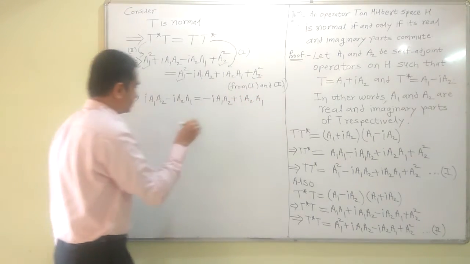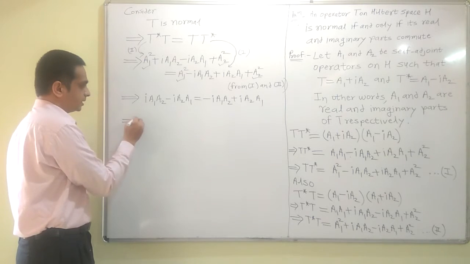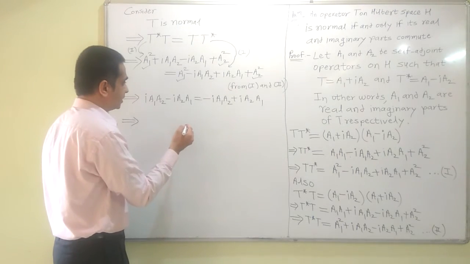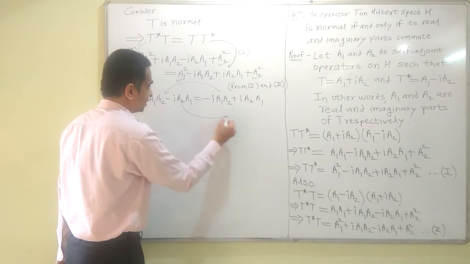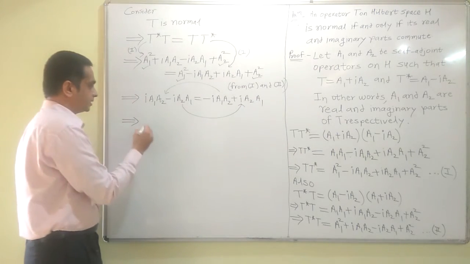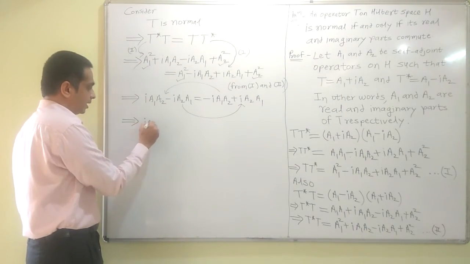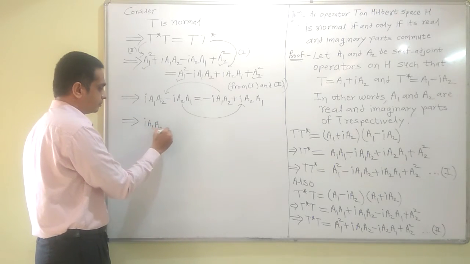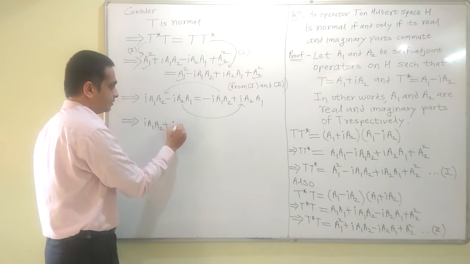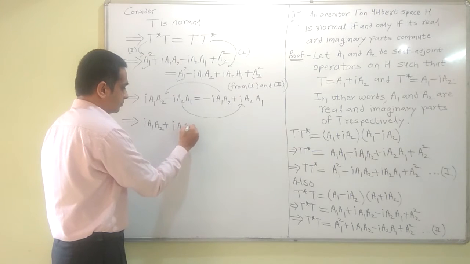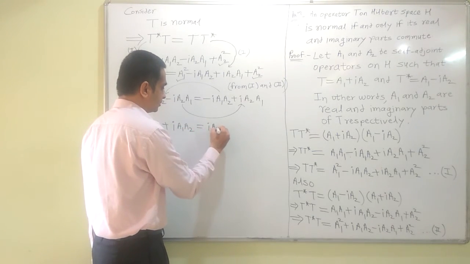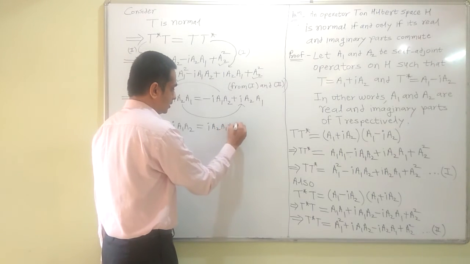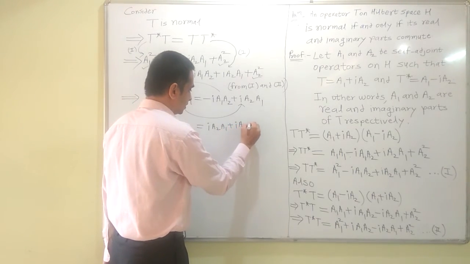So i gets cancelled throughout. Better I write it this way: this term I take on the left-hand side and this on the right-hand side. So it becomes i A1 A2 plus i A1 A2 equals i A2 A1 plus i A2 A1.